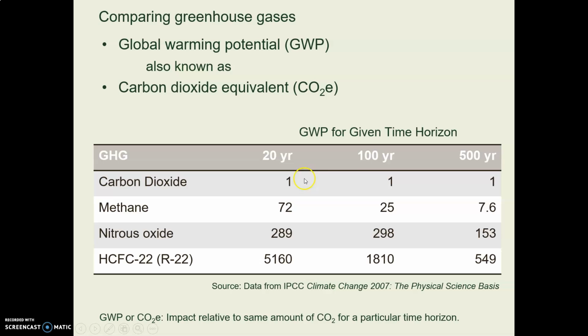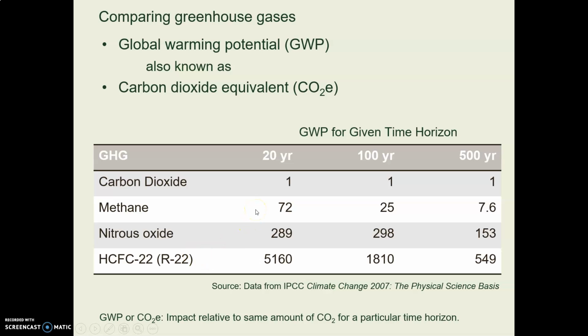If carbon dioxide has a carbon dioxide equivalent of 1, because it is carbon dioxide, methane, like is released from landfills and sewage plants, if you compare the amounts in the atmosphere over a 20-year period, methane has 72 times the global warming potential of carbon dioxide. Well, that's pretty scary.